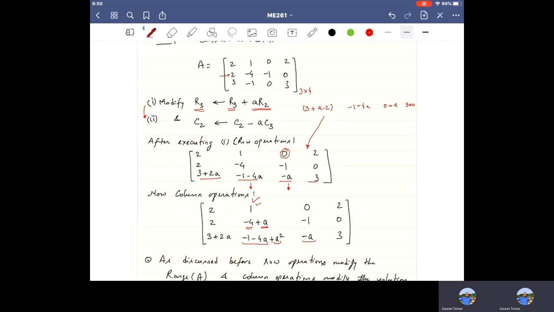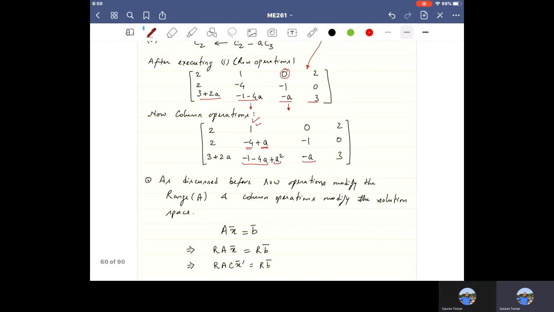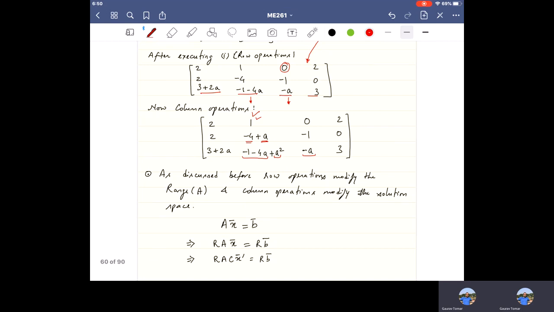Okay. Now, what we have done in other words is that we started with the system Ax equal to b, but we have modified it by performing these row operations. I have modified b.